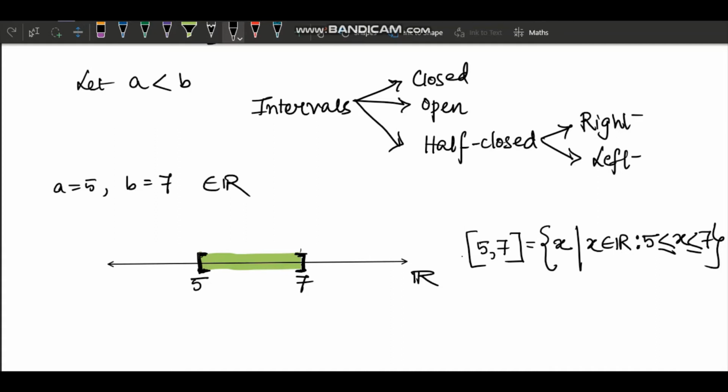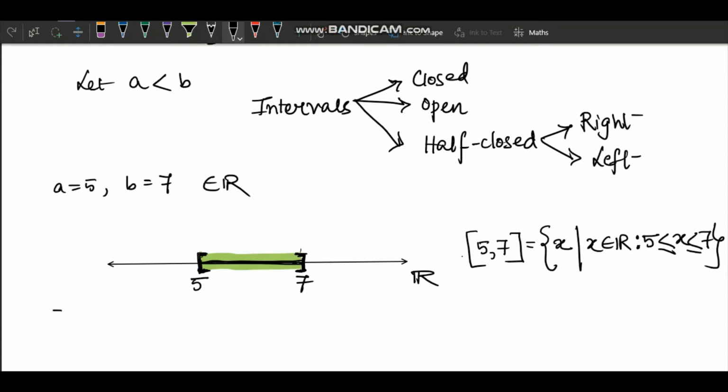These are shut, so 5 and 7 just cannot go out. The region which I have marked is the region of all those numbers which are in between 5 and 7, and it includes 5 and 7 also. So this is what is meant by a closed interval.